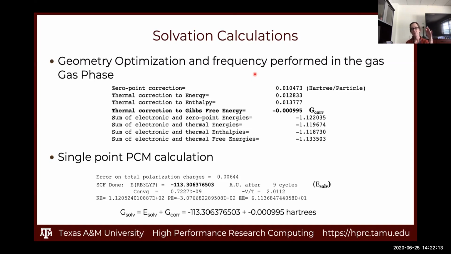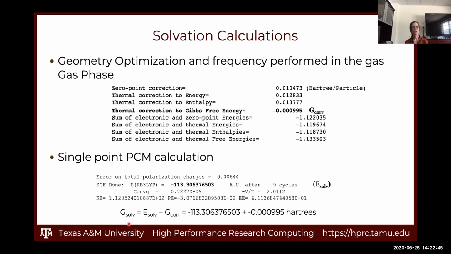So that means you have to take the results and piecemeal together the energetics. So you need to take the overall energy that you get from the single point solvation and add on the correction to the free energy from the gas phase optimization and frequency. So the energy of the solvation plus the correction will get you the total G of solvation, including all of the vibrational contributions, okay, and the other entropy contributions from the frequency calculation.